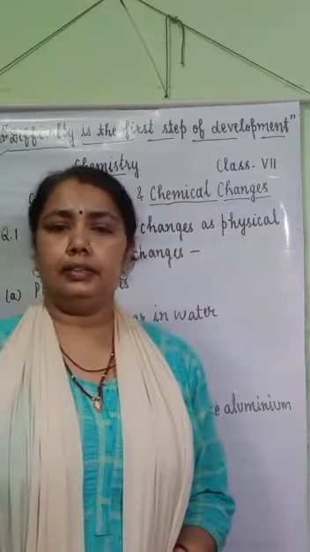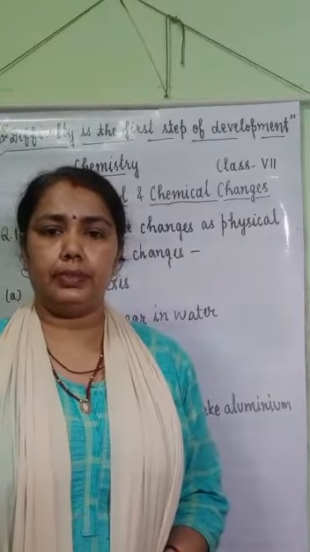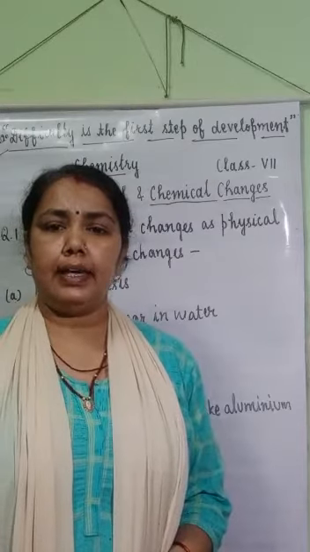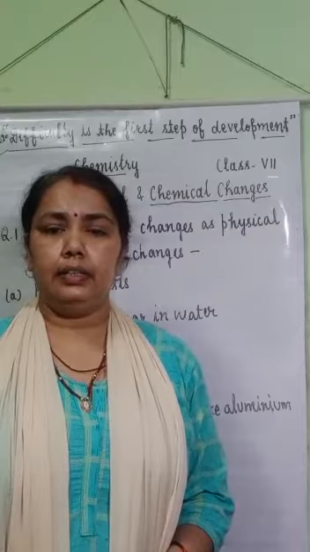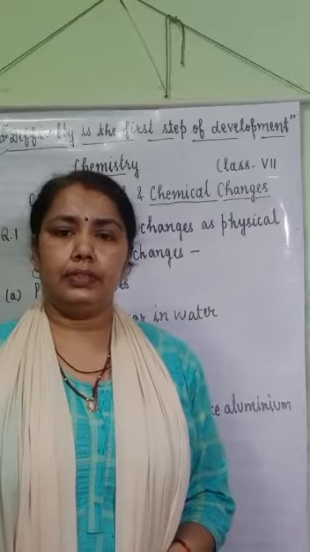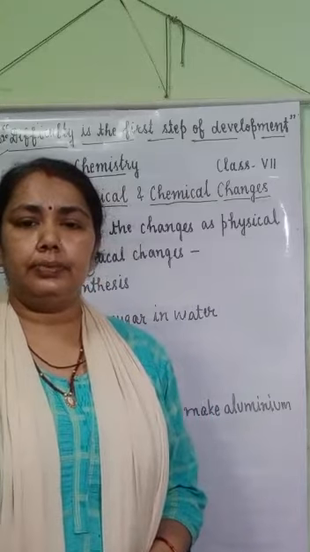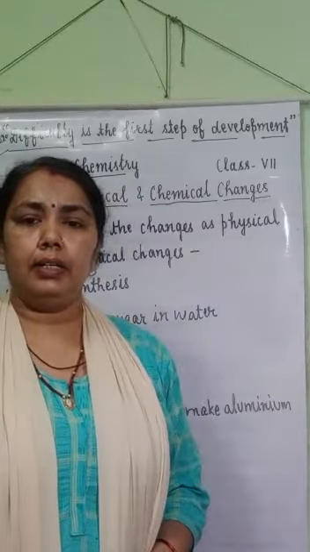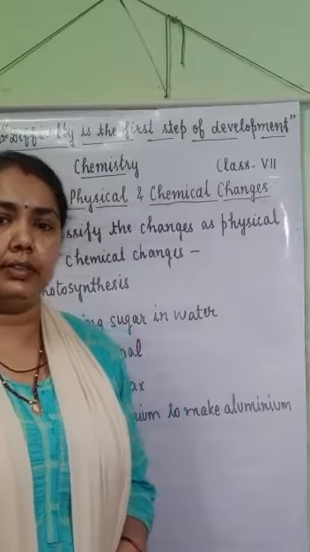You know that the changes in which only physical properties of a substance, like shape, size, color, state, are changed are known as physical change. And changes in which a new substance is formed and that cannot be converted into its original form are known as chemical change.